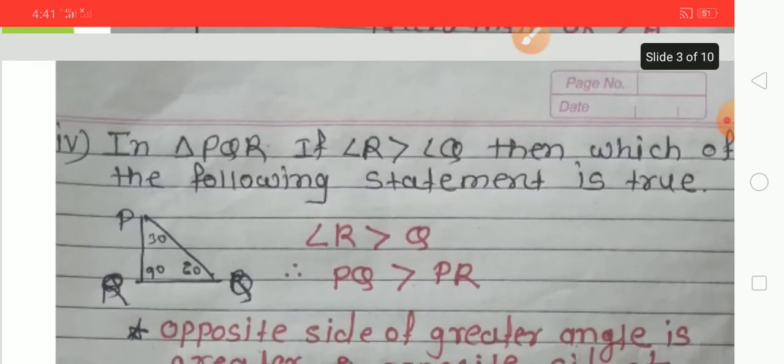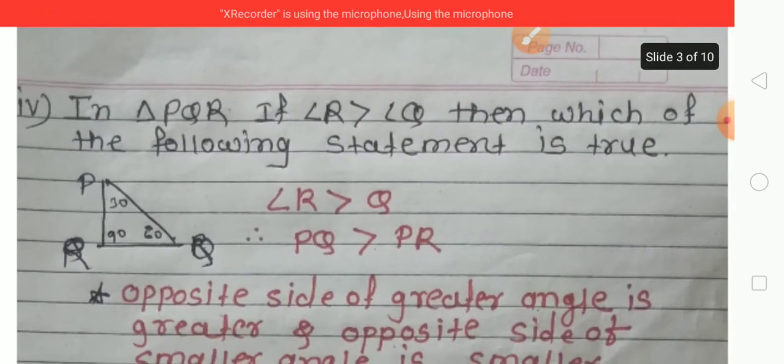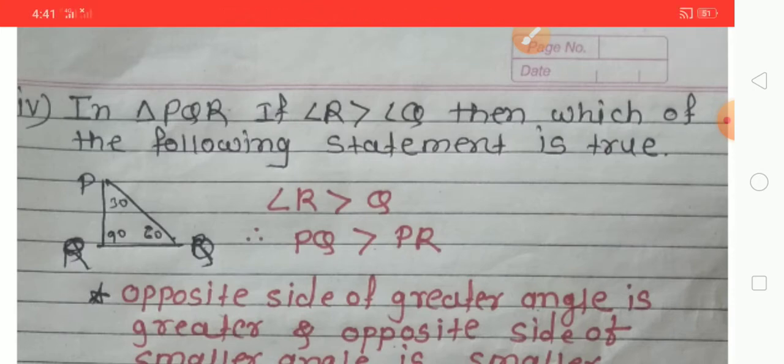So the next question: in a triangle PQR, if angle R is not congruent to angle Q, then which of the following statements is true? Angle R is greater than Q, therefore PQ is greater than PR.